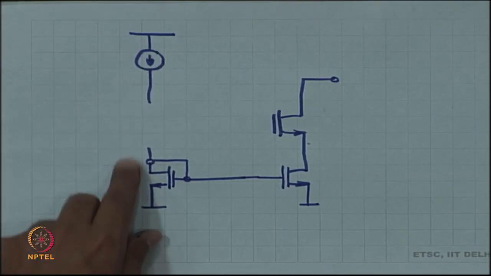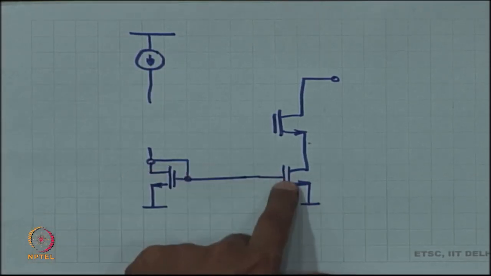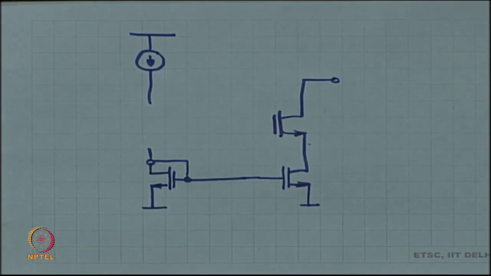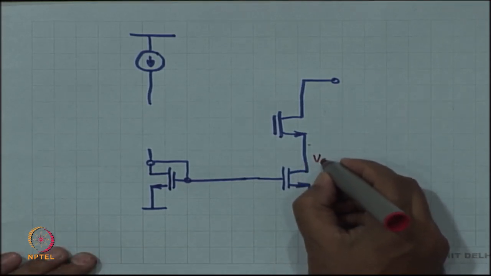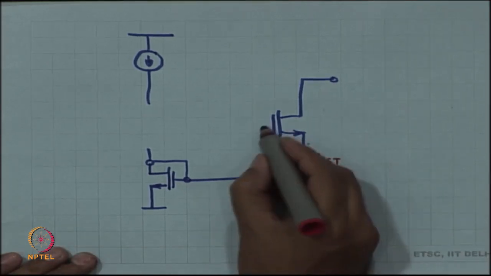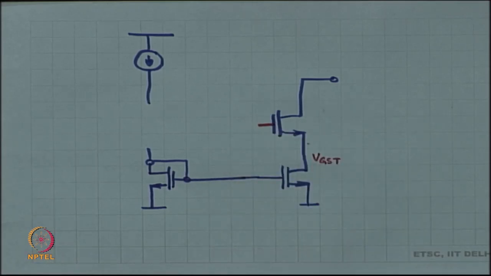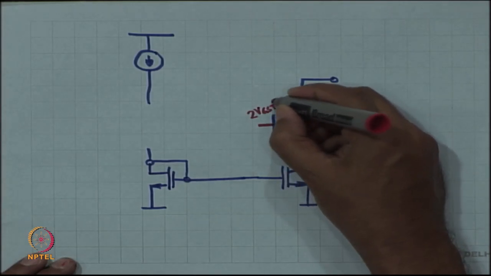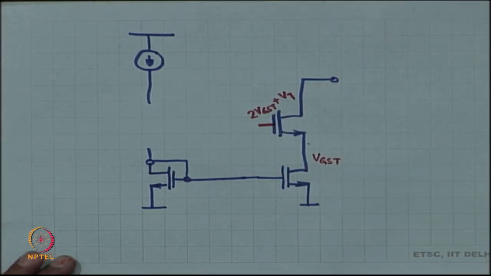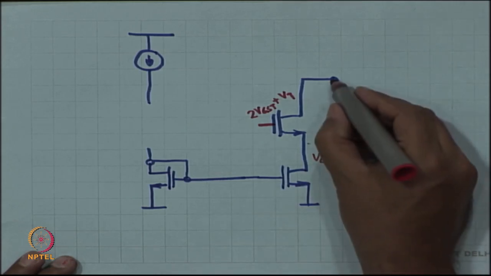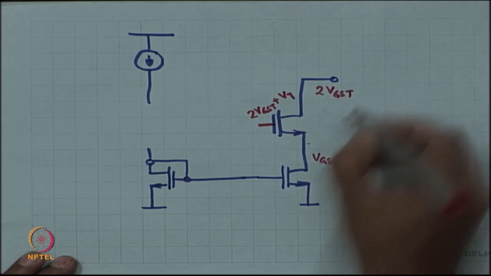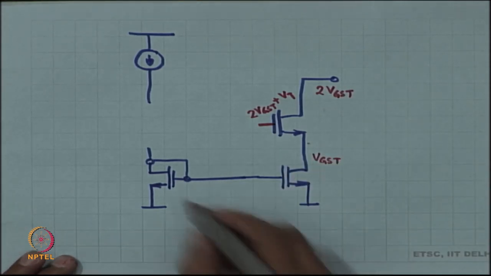I am going to push this reference current right through this device and then mirror it and then common gate. All right. And now I have to make sure that this is at VGST, which means that this node is at 2 VGST plus VT, and the lowest this can therefore go to is at 2 VGST. This is what I have to make sure.